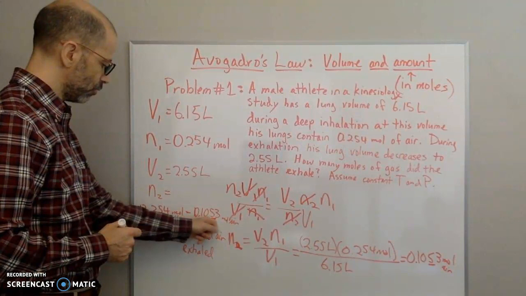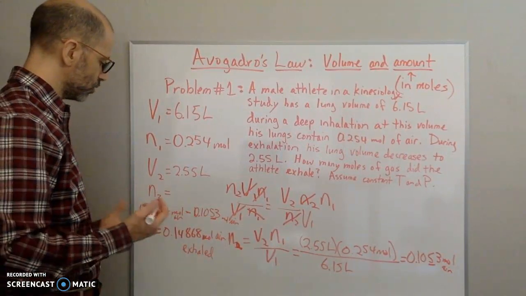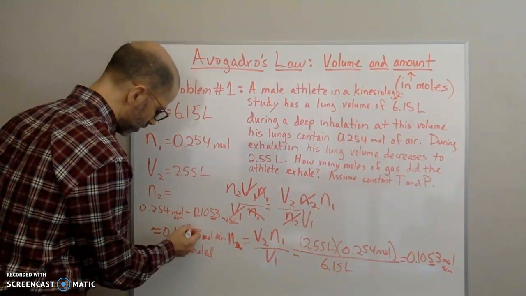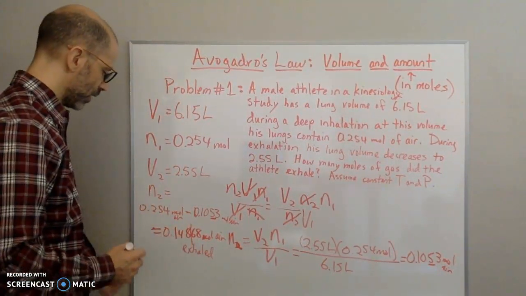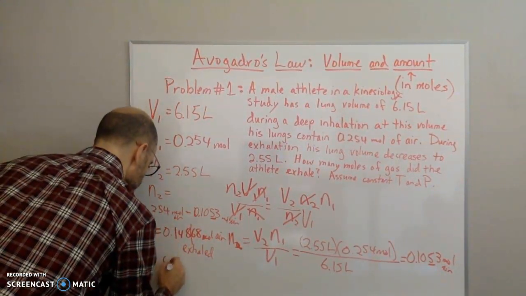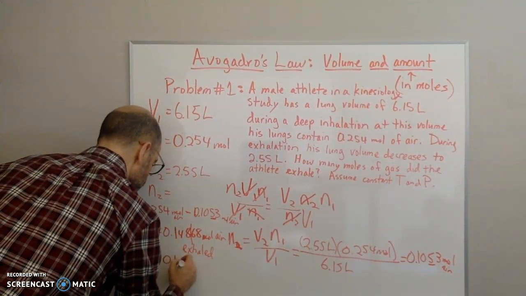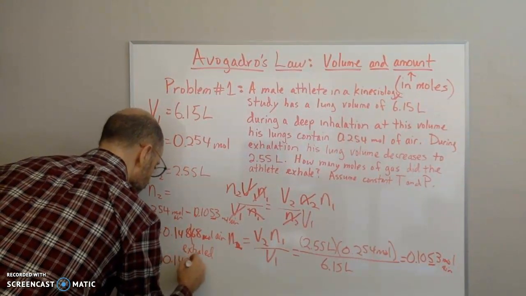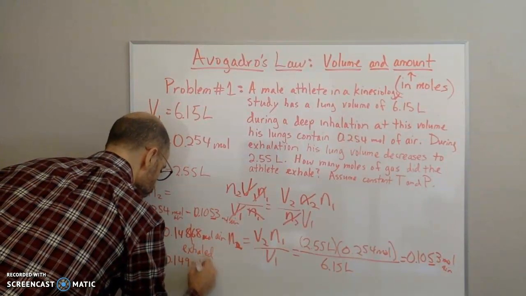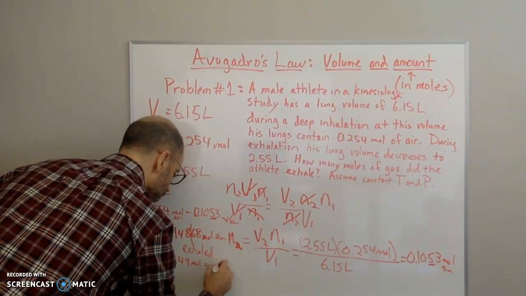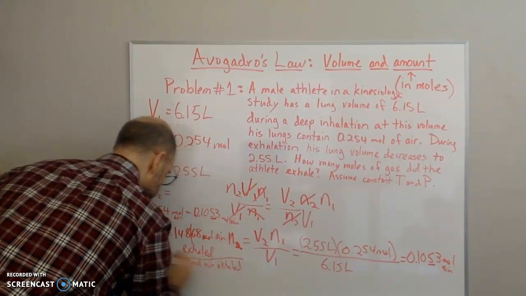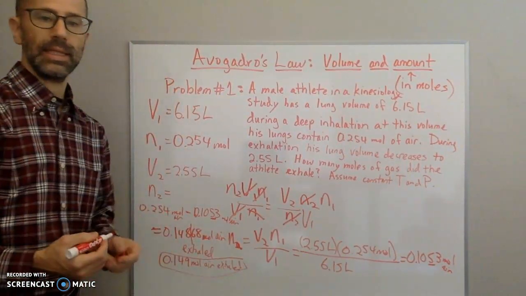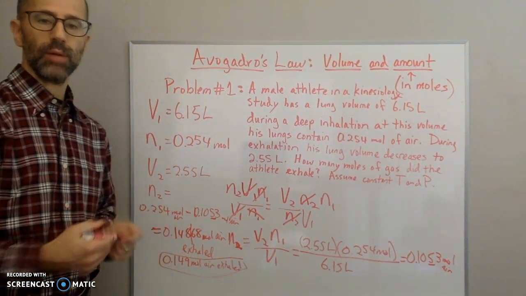So it's 1, 2, 3 decimal places. So I'm going to cut off at 3 decimal places. I have a 6 there, so I'm going to raise that to a 9. So the answer is 0.149 moles of air exhaled. And so that is the answer to this problem.